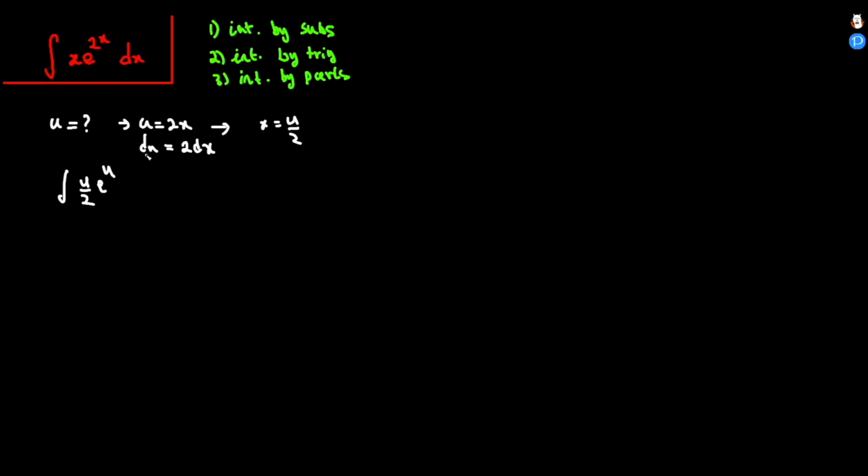So du over 2 is dx, right? So we substitute du over 2 into dx, and that gives us, you can pull this 1/4 out, this gives us the integral of u e to the u du.